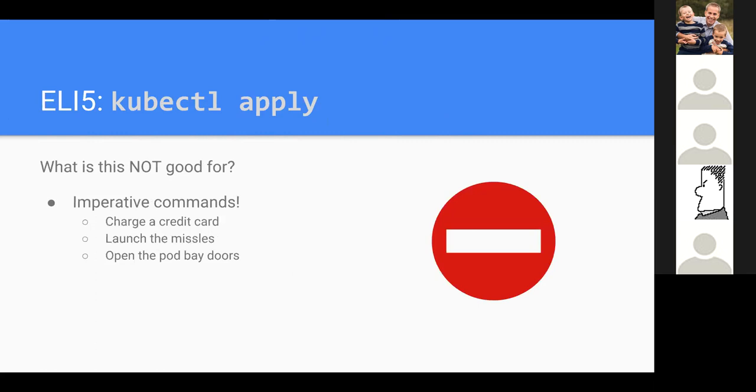Kubectl apply is not good for things that are imperative commands. It is for declarative management. So if you're charging a credit card or launching missiles, it's not a good idea. Some things can be phrased both as imperative and declarative commands. So if you send an RPC that's like "open the pod bay doors," that's imperative, but you could also have a pod bay door position equals either closed or open.